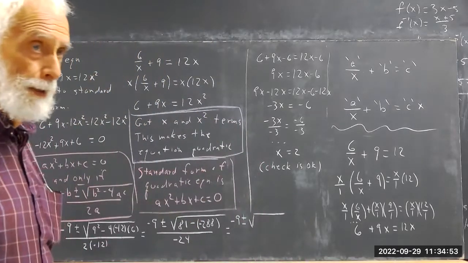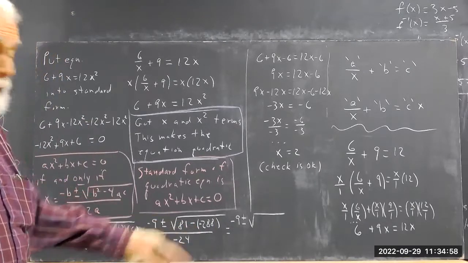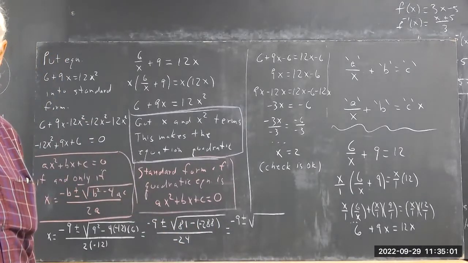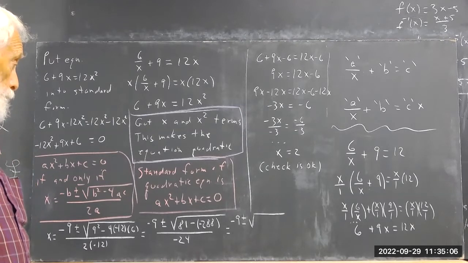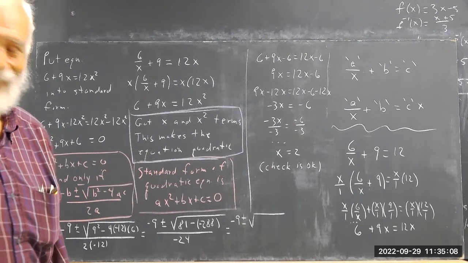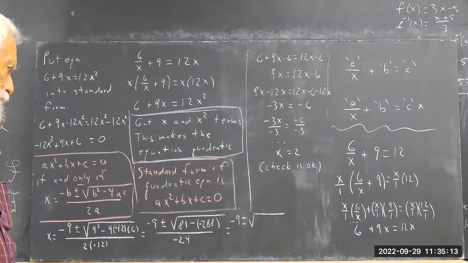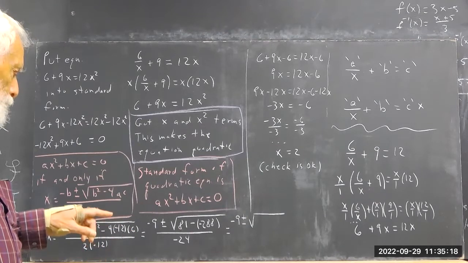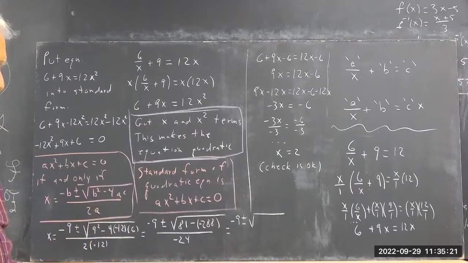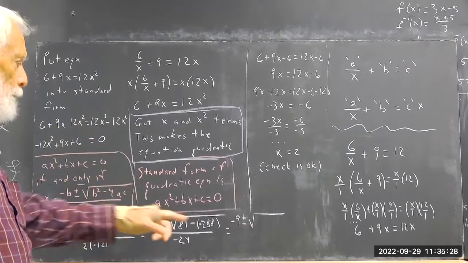Negative 288 is 288. Did anybody use my equation and not get 288 there? Well, there's something seriously wrong with your arithmetic, but let's see. Okay, don't say anything. 4 times 6 is 24, which is 2 times 12. 12 times 12 is 144, and double that is 288.